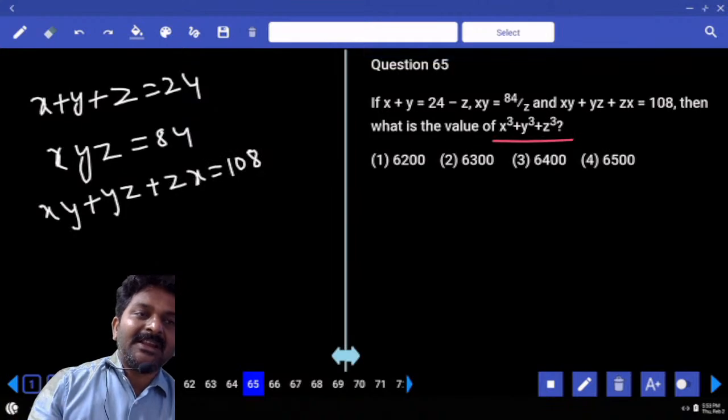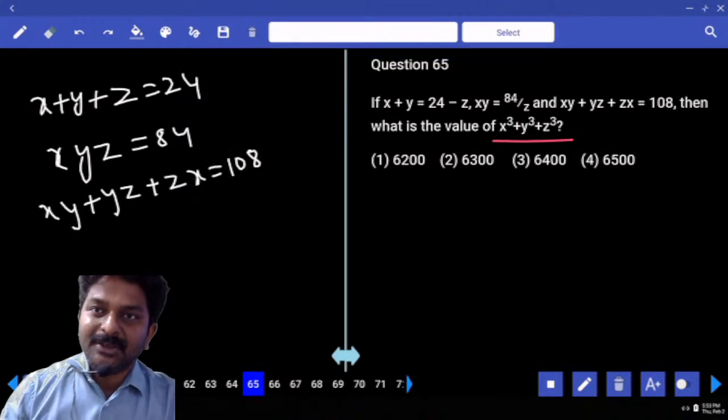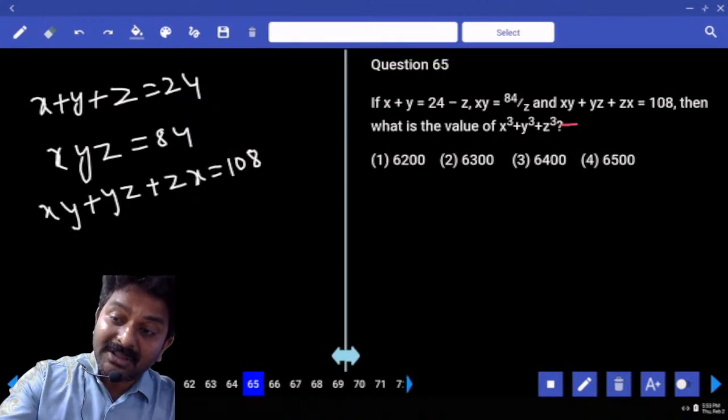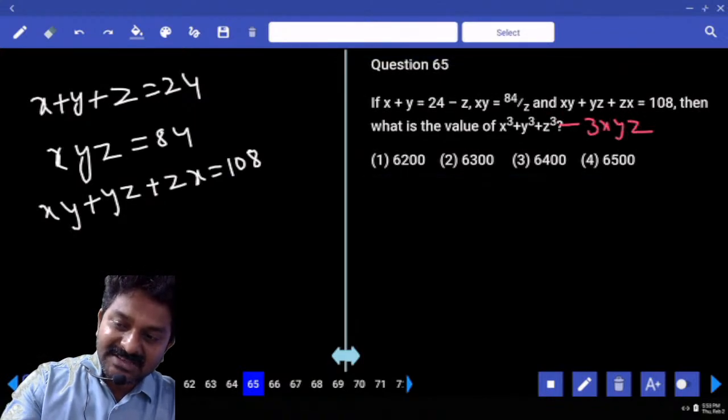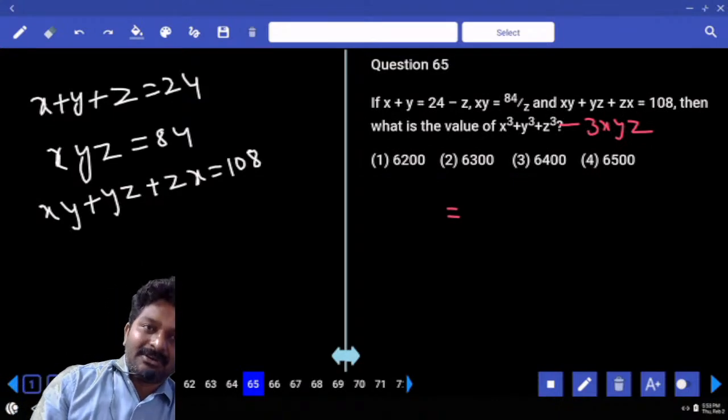And we were asked to calculate x cube plus y cube plus z cube. Actually, we will have one more, minus 3xyz is equal to. This is a formula that we know, correct?